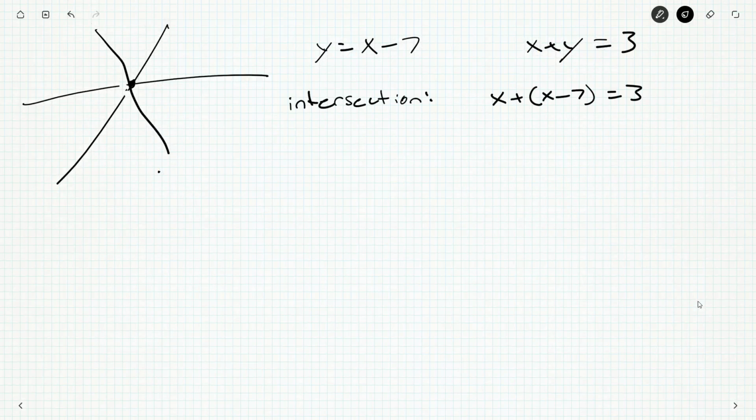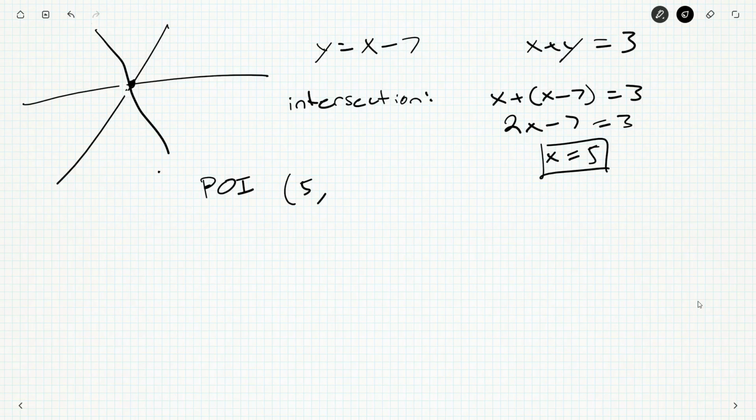We just substitute the y value in, just like we did in the last one. And we'll get 2x minus 7 is 3. It doesn't take too long to see x is going to be 5. So the point of intersection here is going to be 5, and then 5 minus 7 is negative 2. Now we can check 5 and negative 2. Yeah, that adds up to 3.